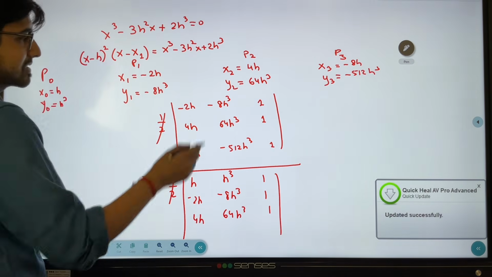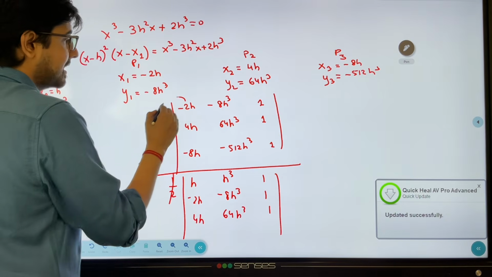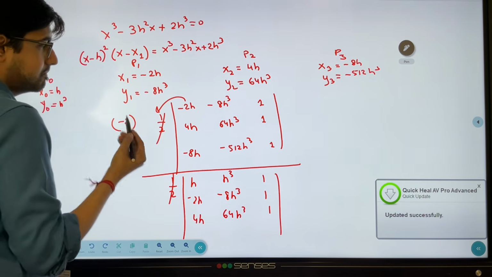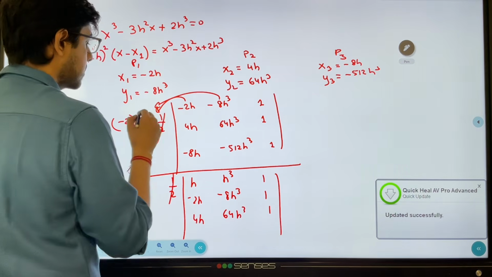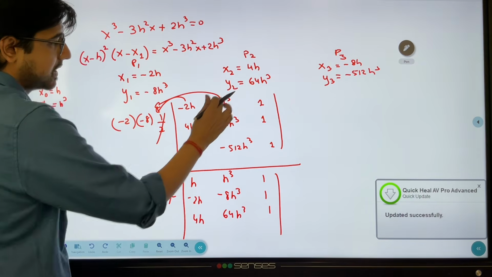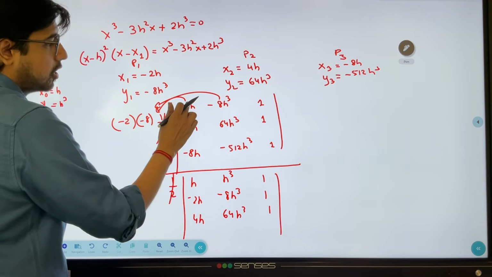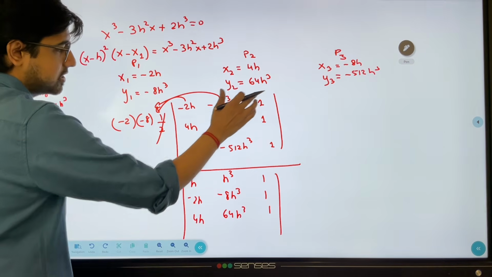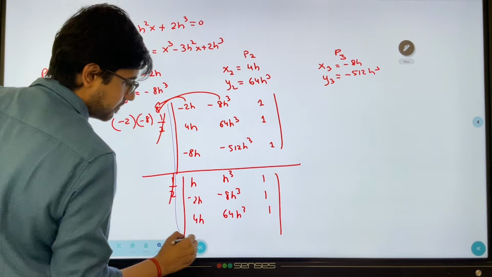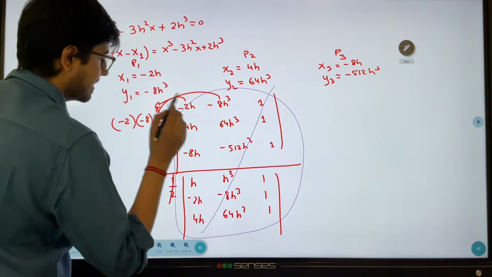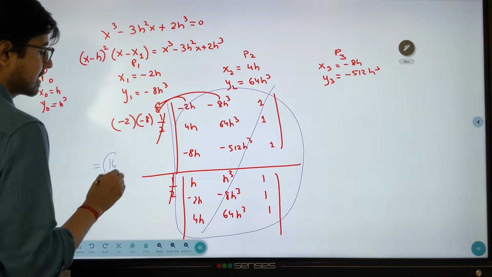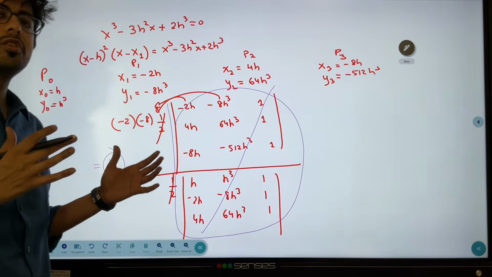Half and half will cancel. From this, if I take minus 2 common, and from here if I take minus 8 common, this will become h cubed, minus 8h cubed, and 64h, minus 2h and 4h. These two determinants will become the same, so they will cancel and the answer is 16. And that's the way we solve this.